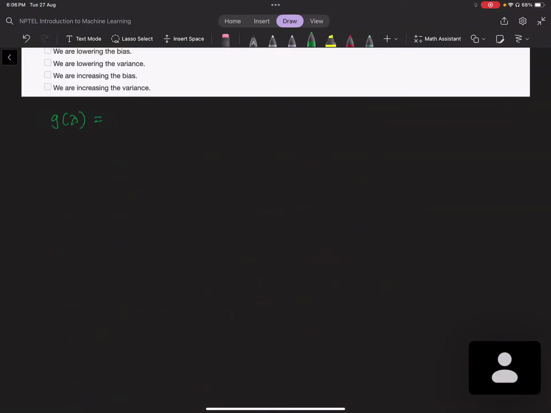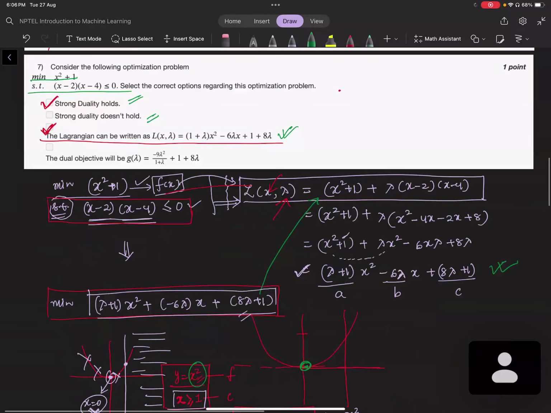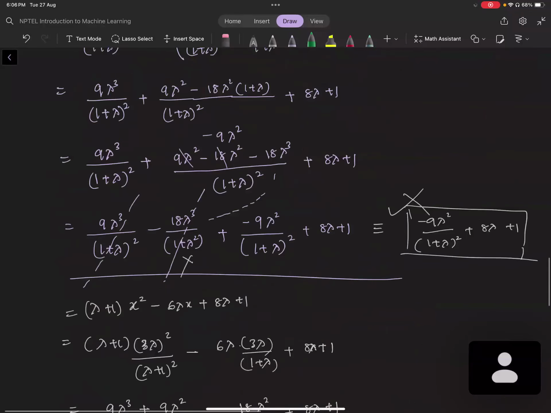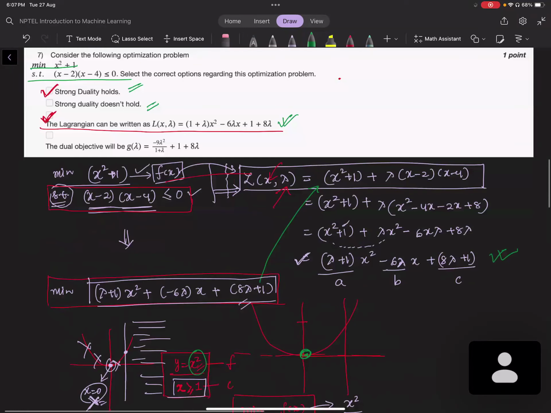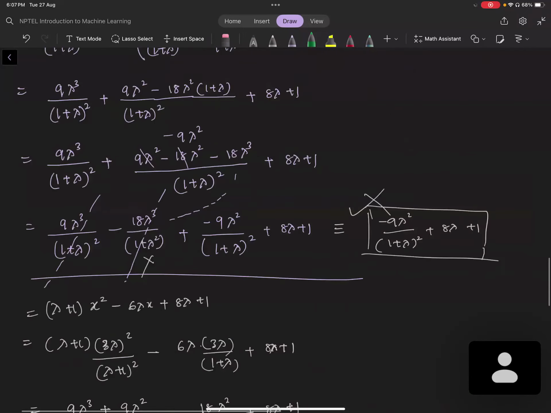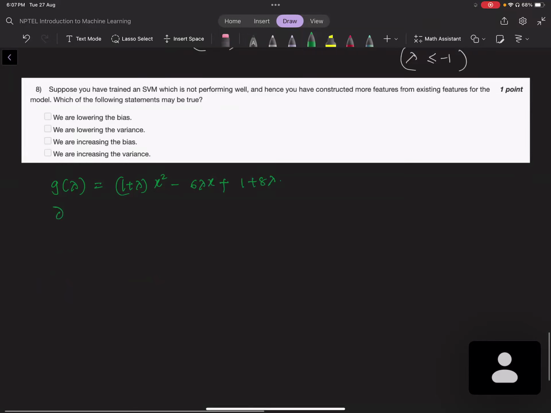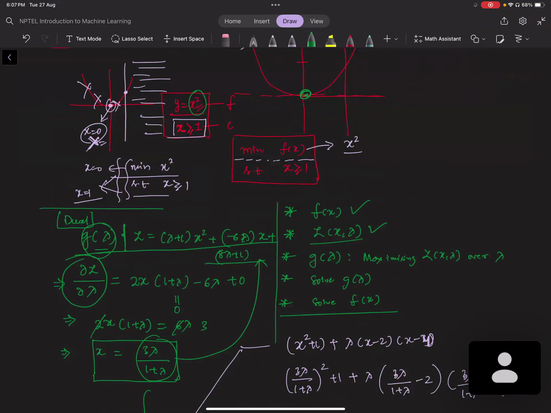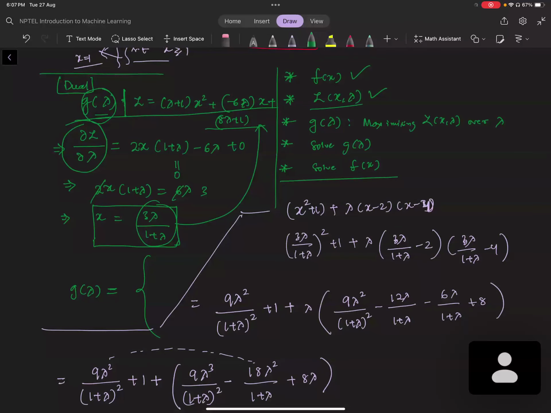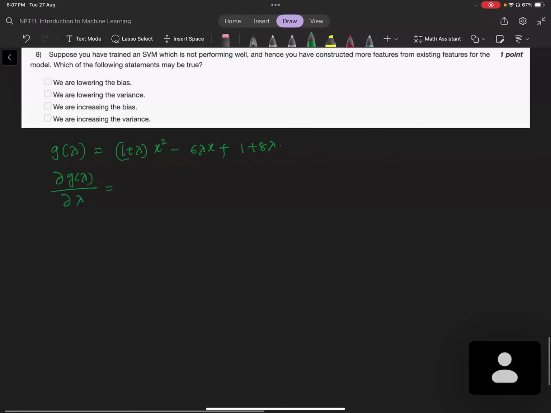g of lambda was equal to (1 + λ)x² − 6λx + 1 + 8λ. So when we do ∂g/∂λ, with respect to lambda the first term will be 0.